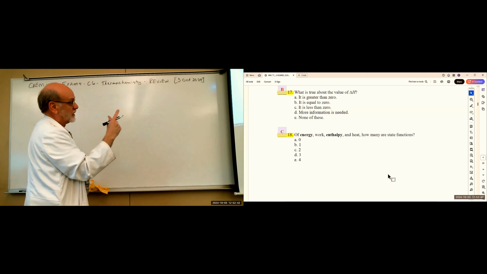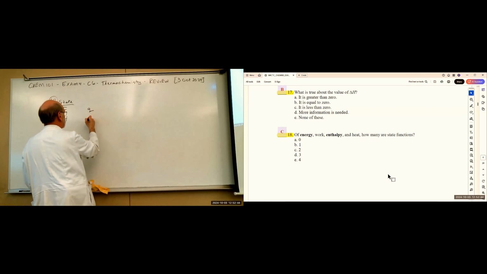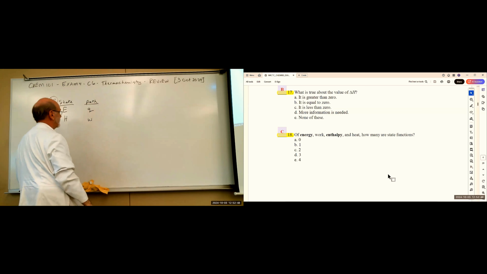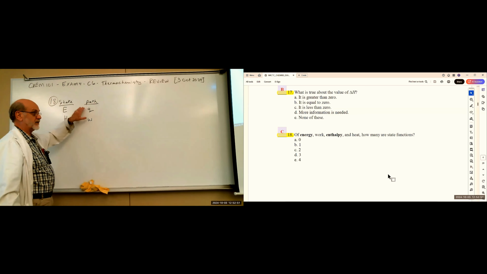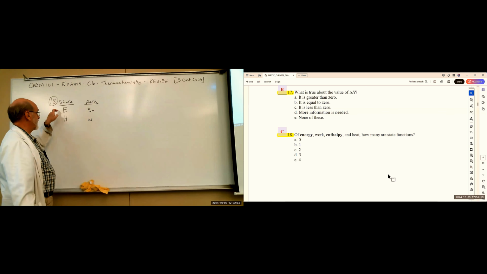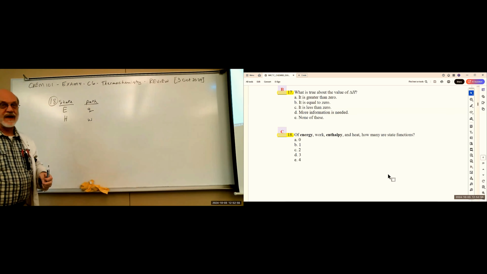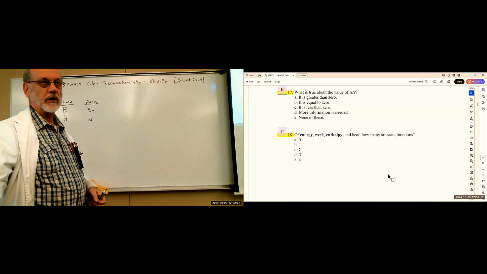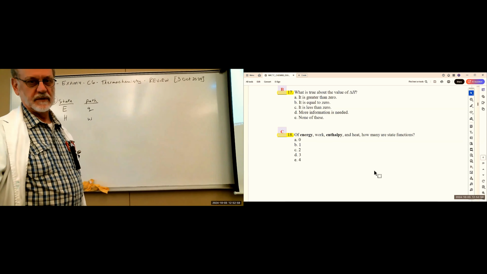So the other two, work and heat, are path functions. It does depend on how you get from point A to point B. But with energy and enthalpy, it doesn't matter. Just the current conditions is all you need.